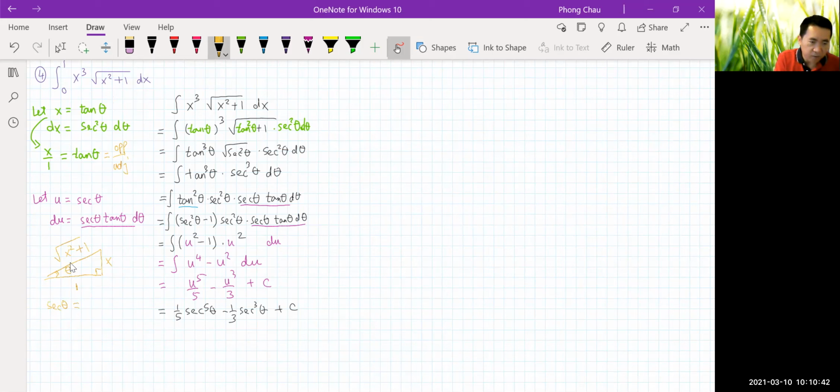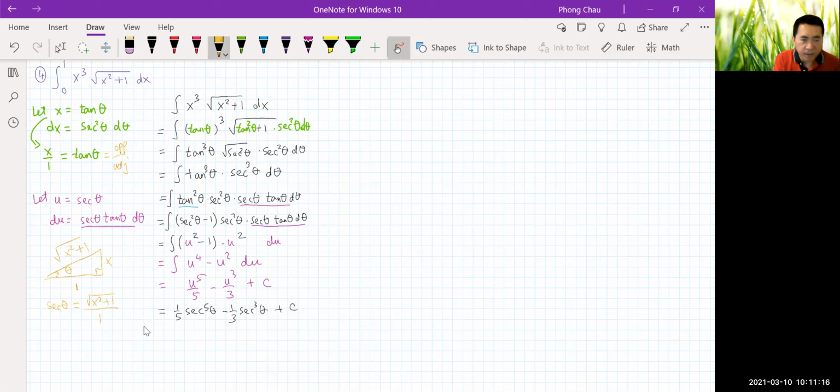Cosine is adjacent over hypotenuse, so secant is the hypotenuse over the adjacent side. So secant is just the square root of x squared plus 1.